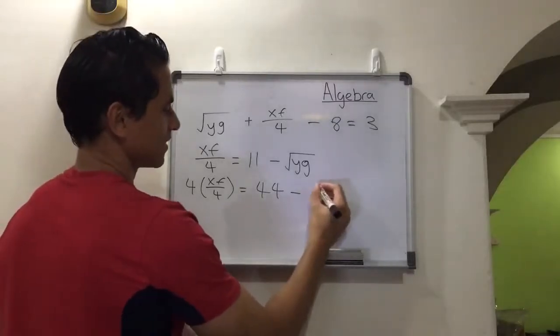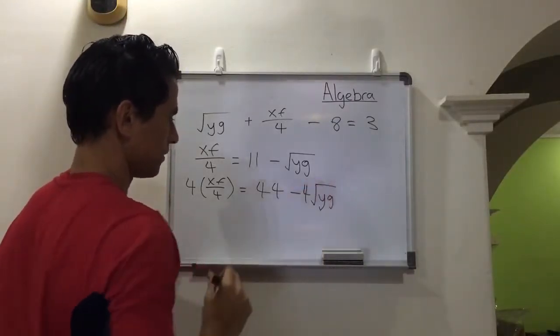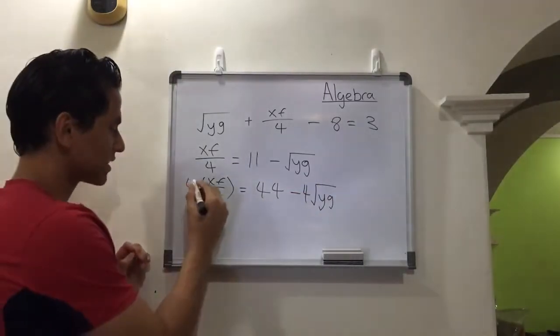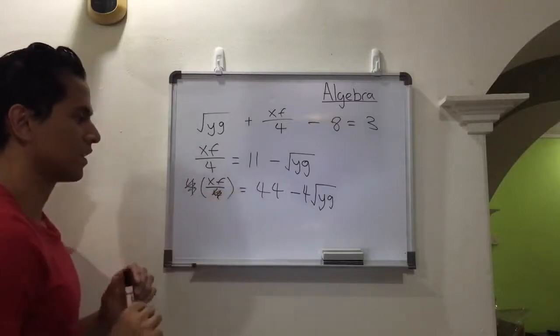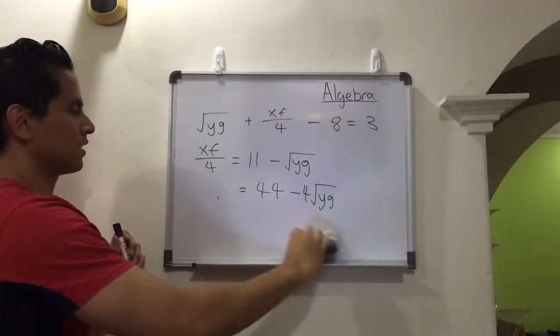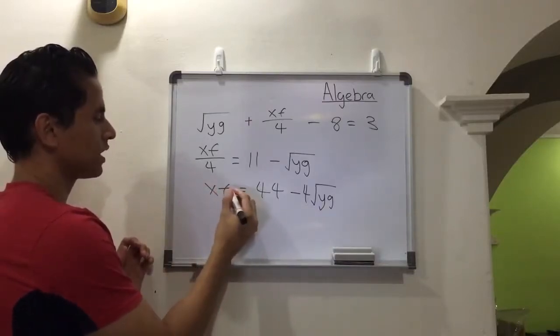Yes. Okay, so now these two 4's just cancel off simply, right? So I'll erase and put it as such. So xf equals this whole chunk.